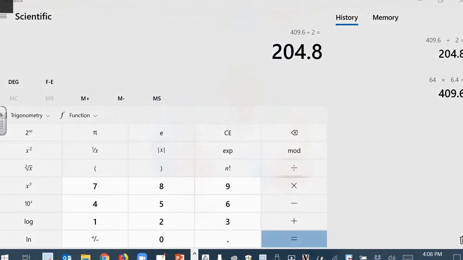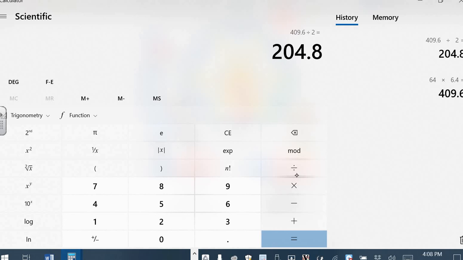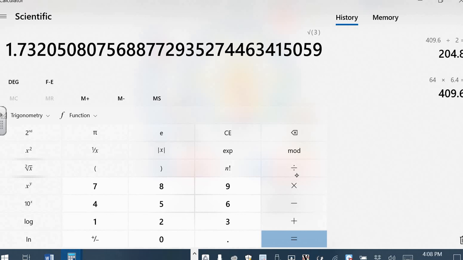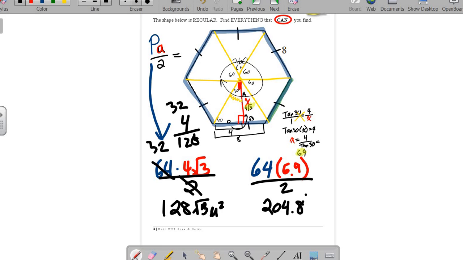Is 204.8. And just so you can see, these are the same thing. Let's do 128 times root 3, just for giggles. And so they would be equivalent here.